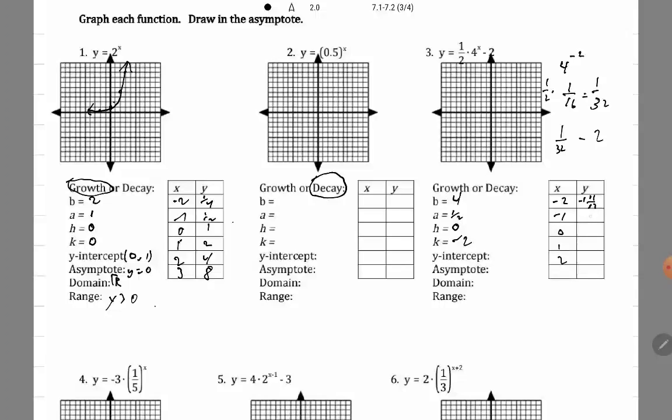But go ahead and just put this in your calculator. And then this is going to be 1/8 minus 2. And then the easy number is 0. So 4 to the 0 is 1. 1 times 1/2 is 1/2. 1/2 minus 2 is minus 1.5.